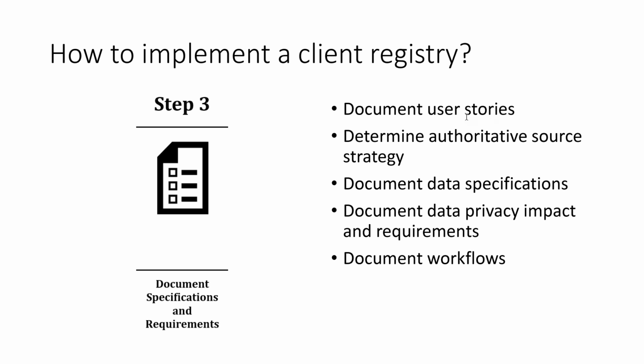Basically, if we want to implement a client registry, we should document these user stories because we want to automate what is really happening in the real world. It's like just reflecting what's happening in the manual operations.